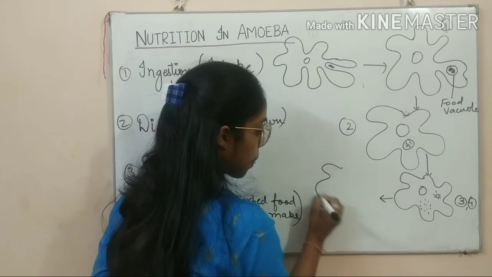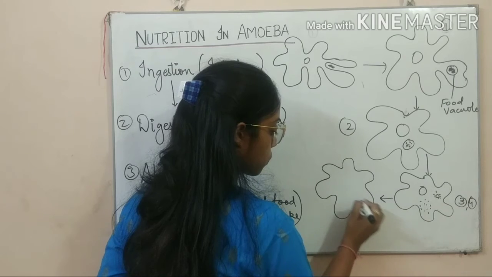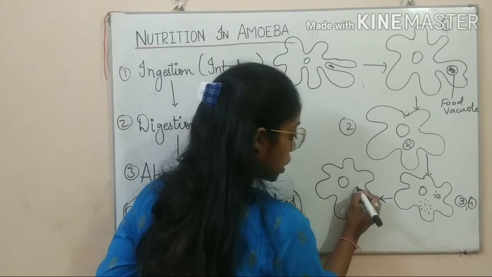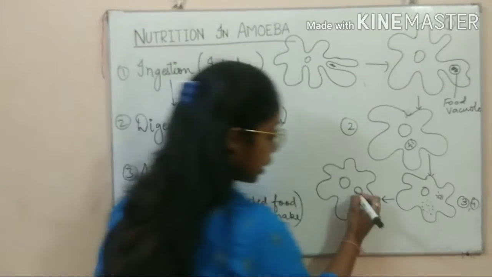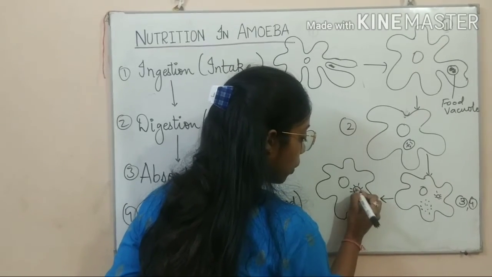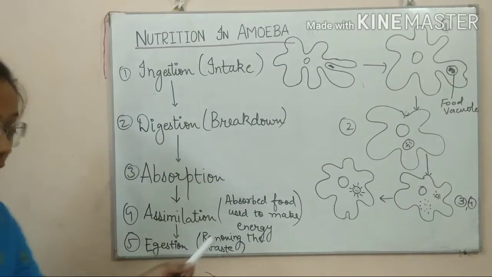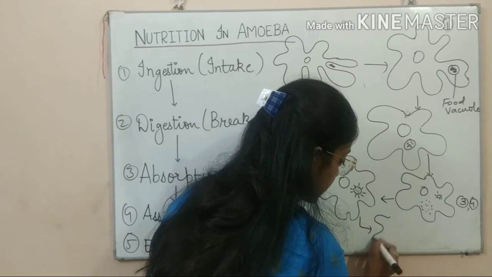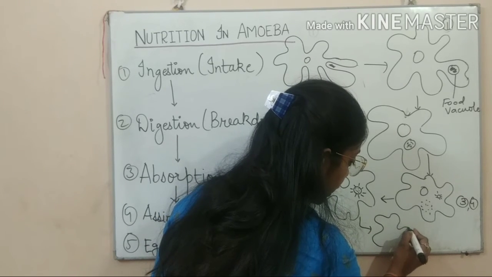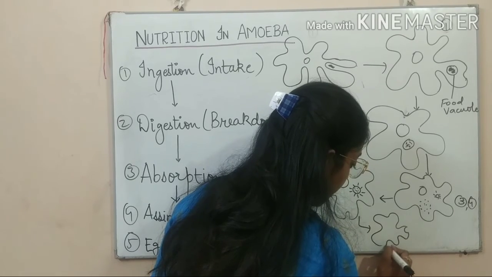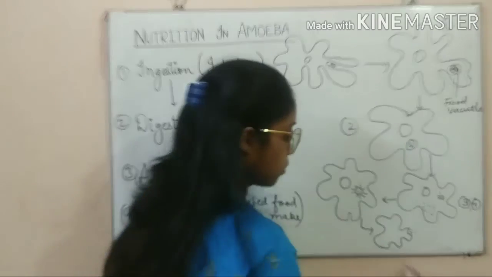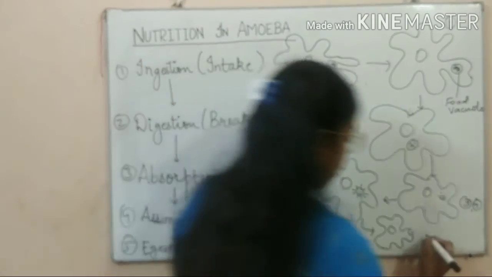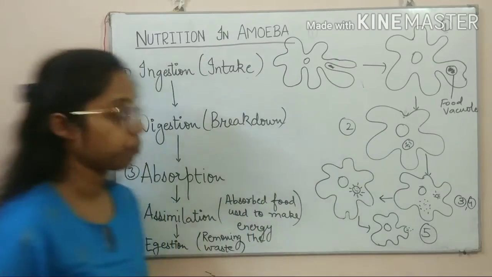After that, the waste material will be collected in the contractile vacuole and then it will be egested out by the amoeba. So this one is the fifth step.